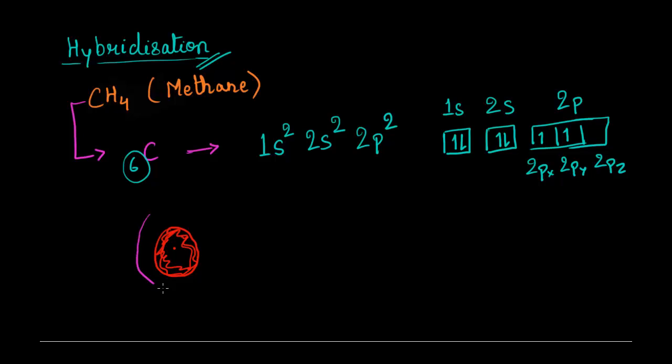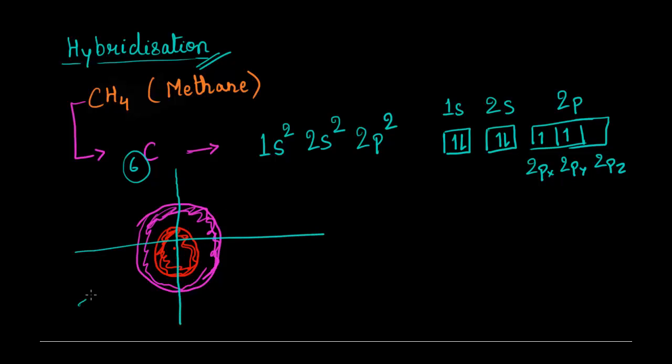Then I have my 2s orbital, and there are 2 electrons in this 2s orbital also. Now to talk about the p orbitals, let me draw the axes first. This is my y-axis, this is my x-axis and this is my z-axis. It's not going through the middle of it, but let's assume it is going through the middle of the nucleus.